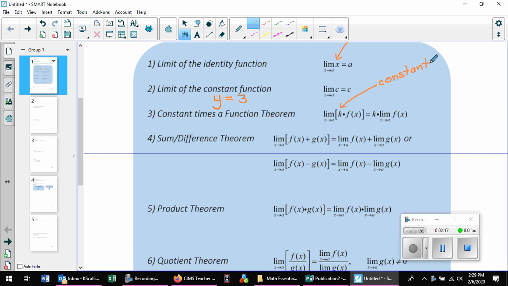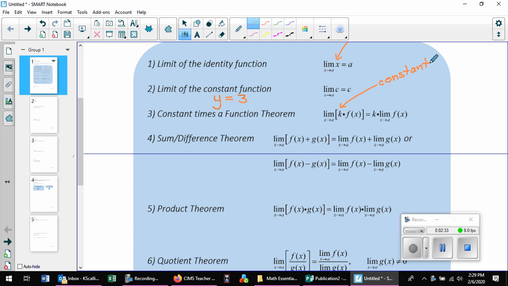We'll go through later and see that. So if the function is multiplied by k, the limit is also multiplied by that k. It's pulled out. And these are pretty straightforward.